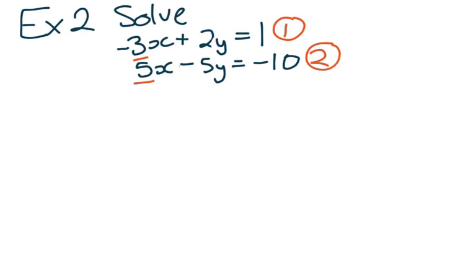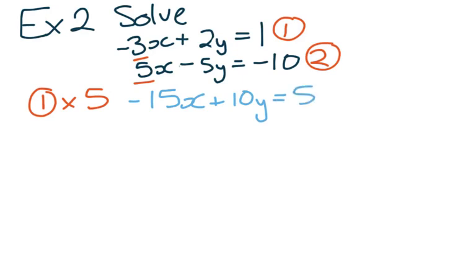And to do that, we would need to multiply the first equation by 5 to get negative 15x plus 10y equals 5. And we're actually going to label that equation 3.